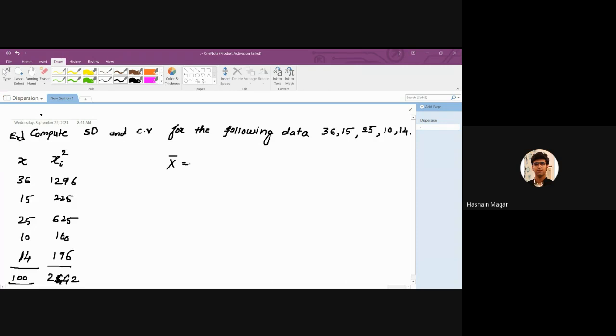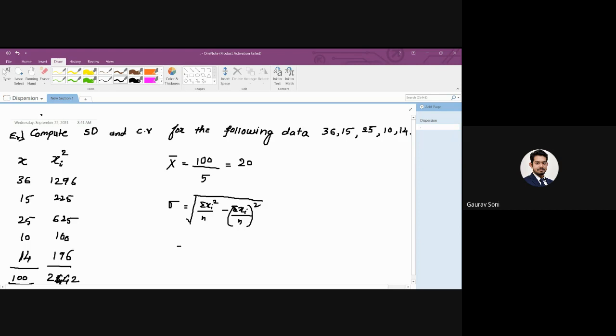Okay, sir. X bar is equal to 100 divided by the number of entries, which is 5. So X bar is 20. Then sigma is equal to under root summation xi square divided by n minus summation xi by n whole square.